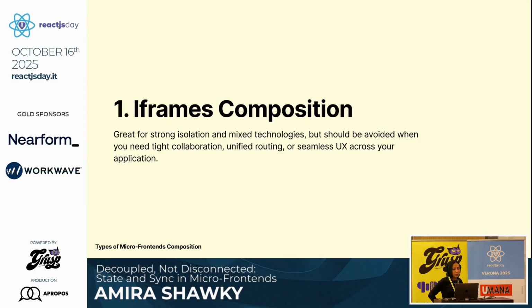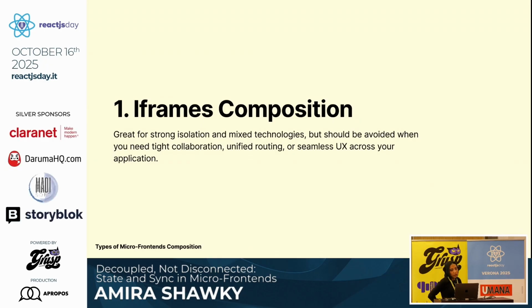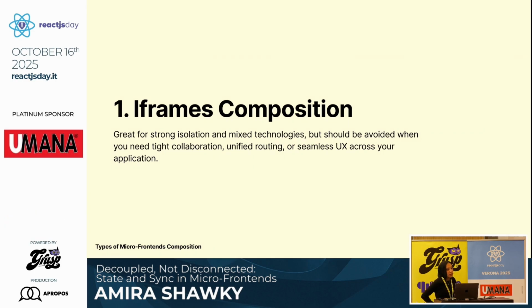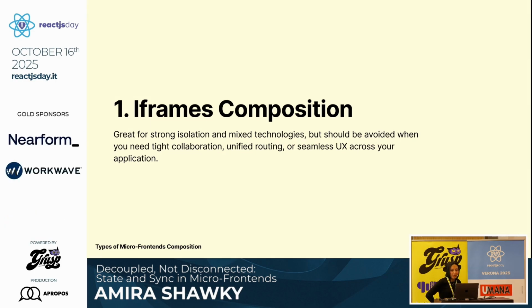An iframe-based front end runs inside its own browser frame, completely isolated in terms of JavaScript and CSS and runtime, meaning no conflict, no shared dependency, and minimal risk of one app breaking the other.